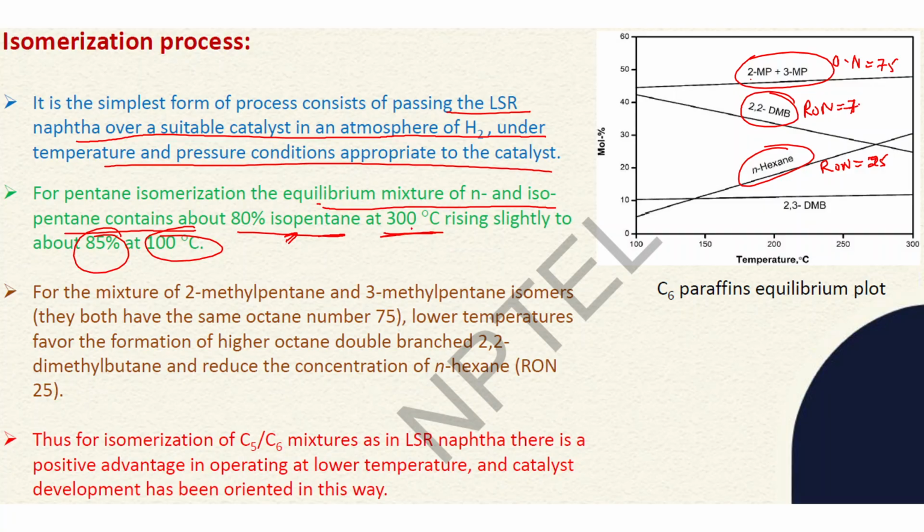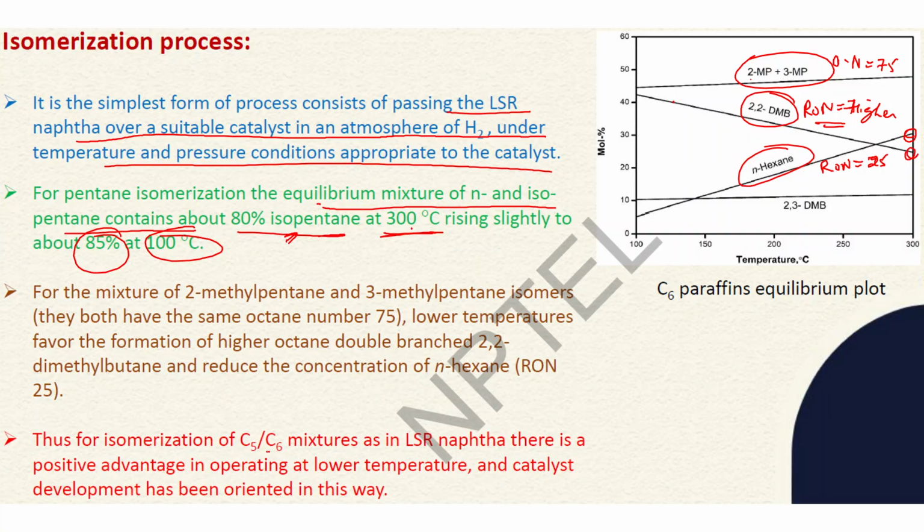This is not given, but it has a higher octane number than this 25. So here we can see that as the temperature is lower, the yield of the higher octane number product is higher, whereas at increased temperature the yield of the higher octane number product decreases, while the yield of the lower octane number product increases.